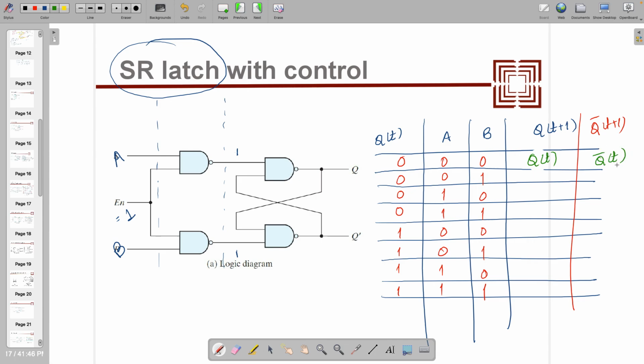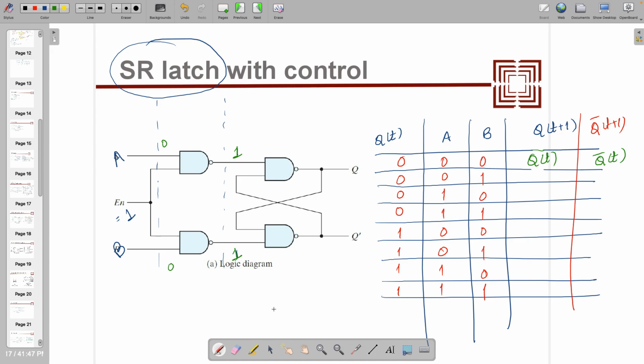Do you agree with this one? If both are 0, irrespective of what input you are giving here, which is already 1 here, both will be 1. If both are 1, then the output remains in the same place. It's not going to change, right? So I am going to denote them as Q of t and Q bar of t so that I can accommodate the next state as Q(t+1), right?